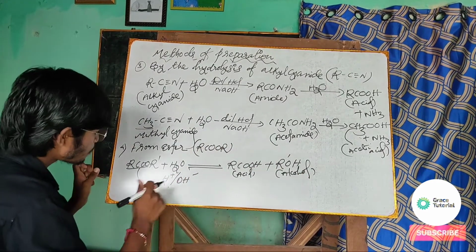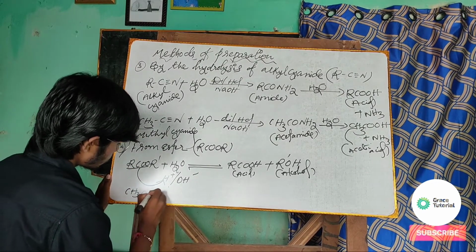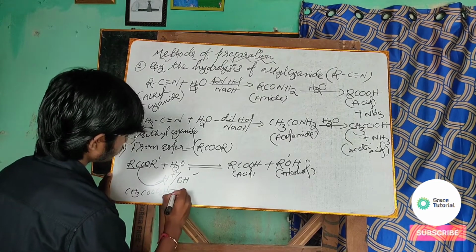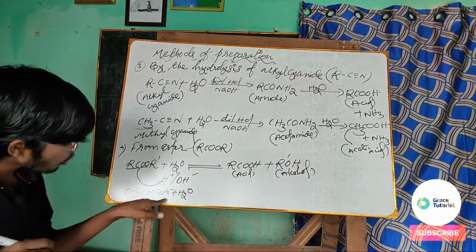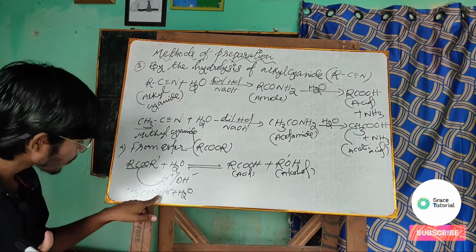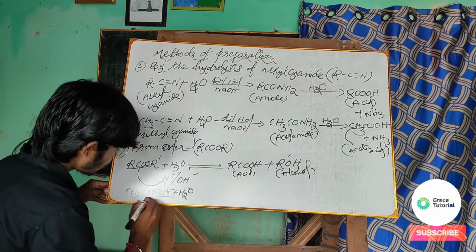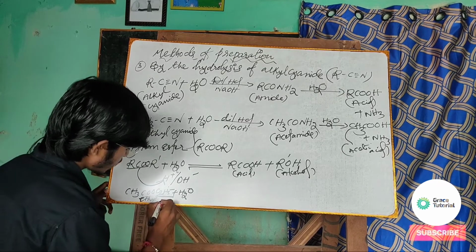If we take the specific example, here we have CH3COOC2H5 plus water. What is the name of this compound? Ethyl acetate. This is ethyl and CH3COO minus acetate. So the name of this compound is ethyl acetate.